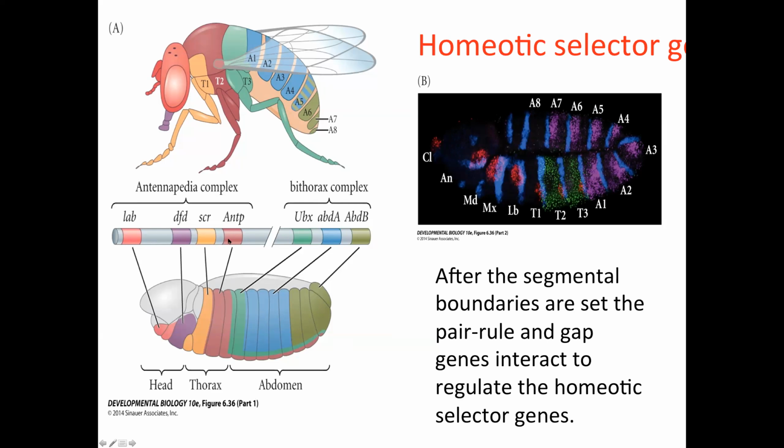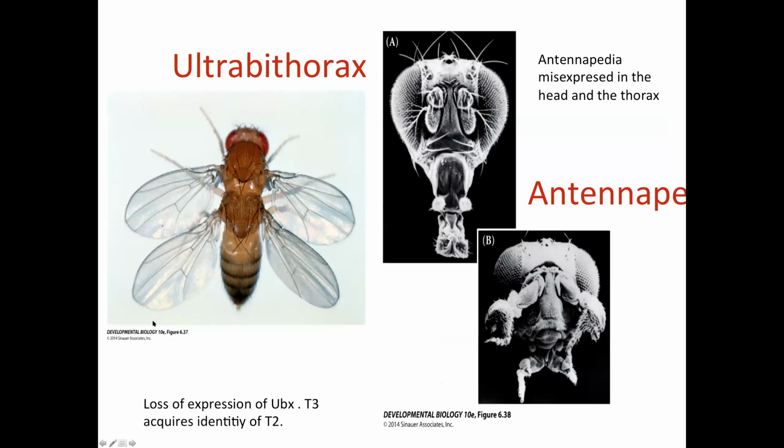Wherever you express Antennapedia, instead of the structure that should be developing, you will see legs appearing in that region. The classical one is the fly having legs instead of antennae. If Antennapedia is misexpressed in the head, instead of antennal structures developing, you have two legs developing.